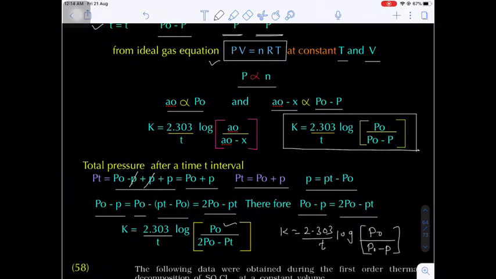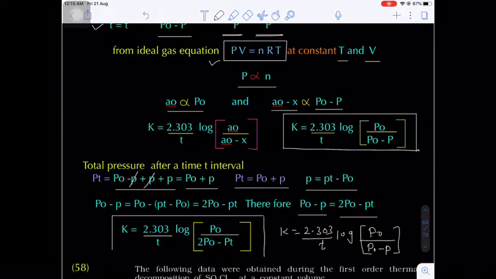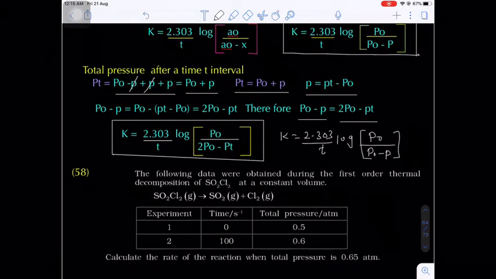So you will get the K expression, which is K is equal to 2.303 by T log of P0 by 2P0 minus Pt. This is a very important expression for the 1:1:1 stoichiometry gas phase reaction, that is A gives B plus C, a 1:1 gas phase stoichiometry reaction.